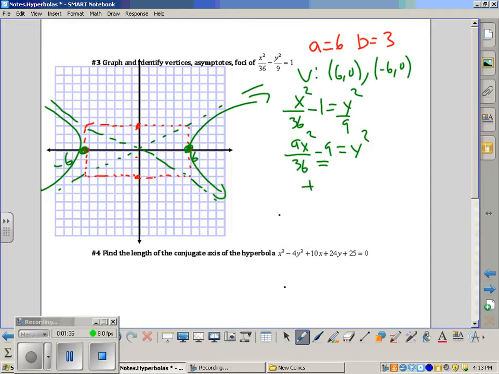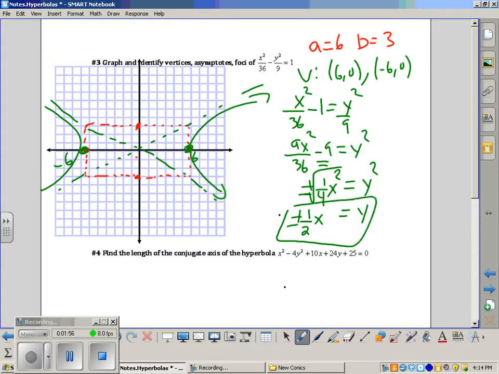So really, you're just going to get plus or minus the square root of a fourth. So when you square root this, y equals plus or minus a half x. So y equals plus or minus a half x is going to be the equation of the asymptotes.